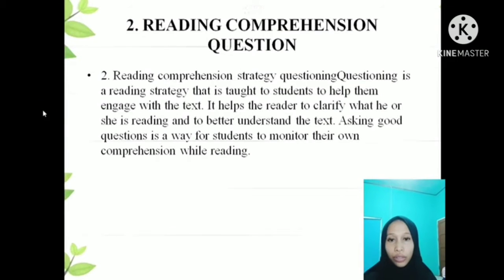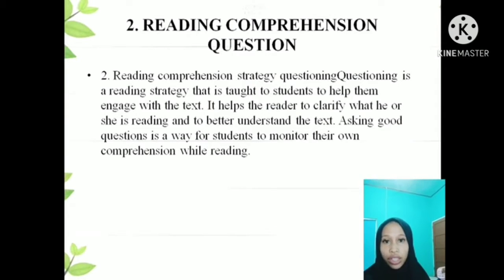The next slide, reading comprehension strategy: questioning. Questioning is a reading strategy that is taught to students to help them engage with the text. It helps the reader clarify what he or she is reading and better understand the text.